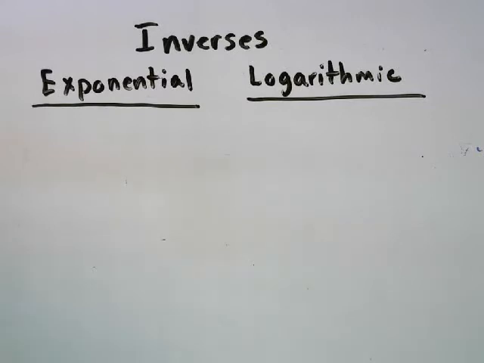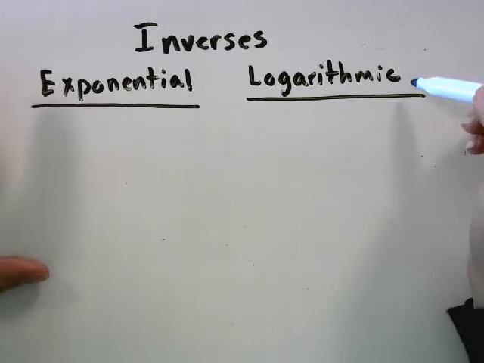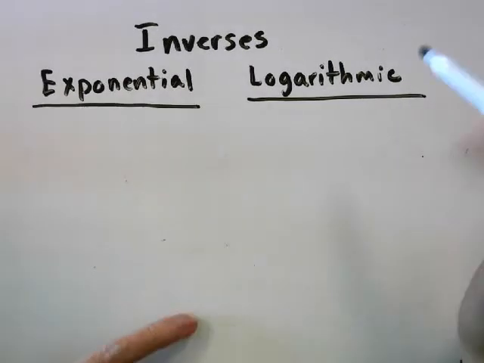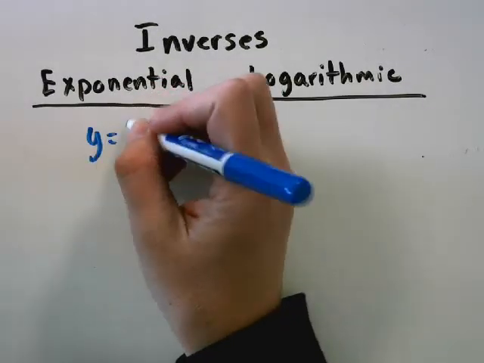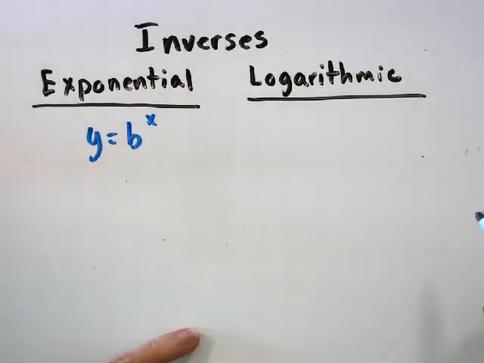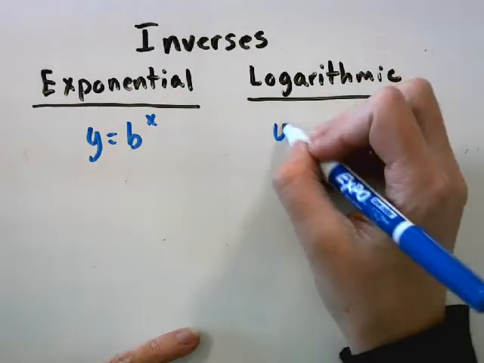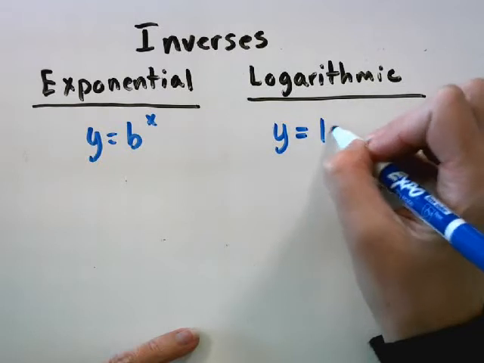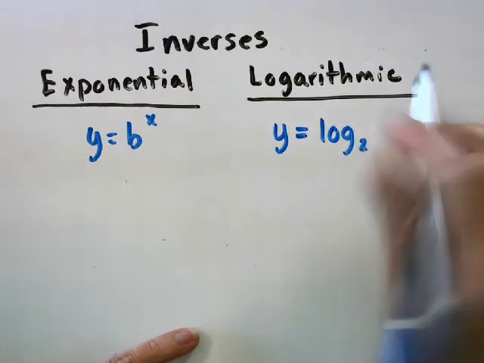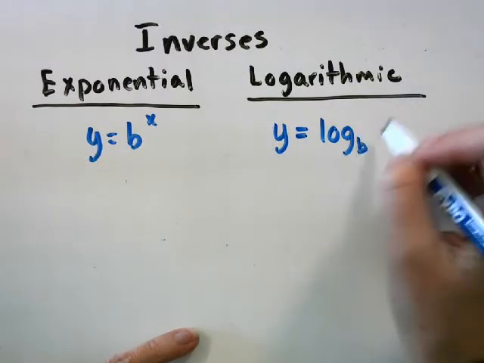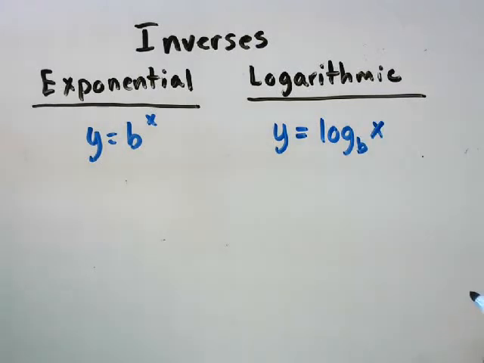So we're going to make a list of different inverses. We're going to have the exponential one here and the logarithmic one here. So y equals b to the x, any base. The inverse is going to be log base b of x.